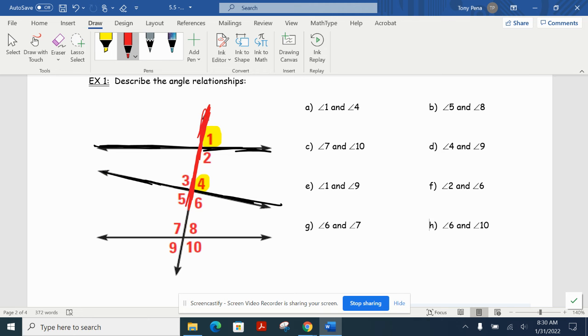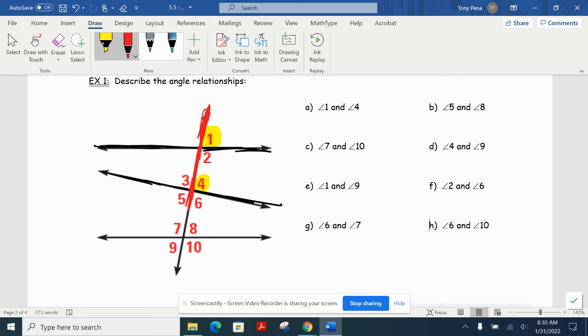As we consider our options, if we look at this transversal, are angle 1 and angle 4 on the same side or on the opposite side of the transversal? What do you got, Ted? Same side, right? They're both on the right-hand side. So it could possibly be same side interior, same side exterior, could also be corresponding, but none of the alternate words we need to consider.